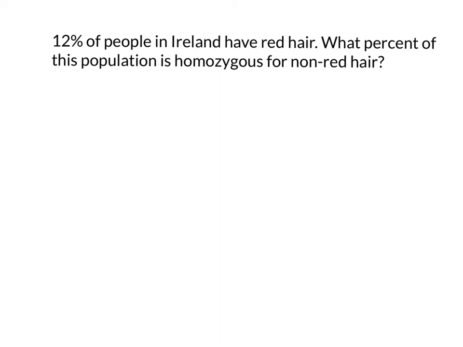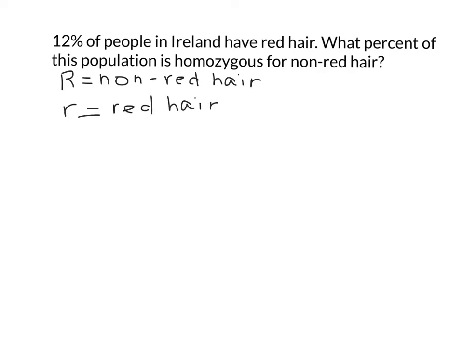So first we know that red hair is recessive. So for our non-red hair, that is going to be dominant, so a capital R. And our lowercase r will mean red hair. The problem is asking us for the homozygous dominant because it's the homozygous for non-red hair.